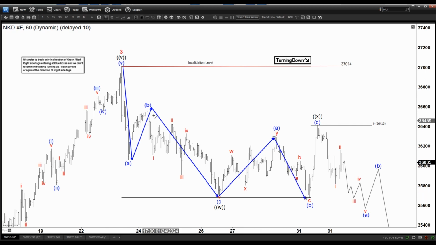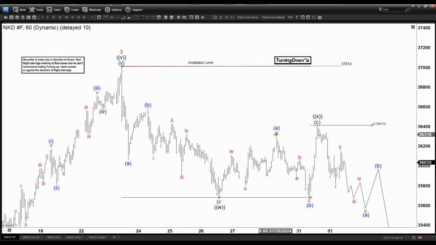But what is the subdivision of the 1, the 3 and the 5? Because it is also very overlapping, and it is difficult, guys, to label it as a 5 swing, because this one also doesn't look like a wave 4 anymore.